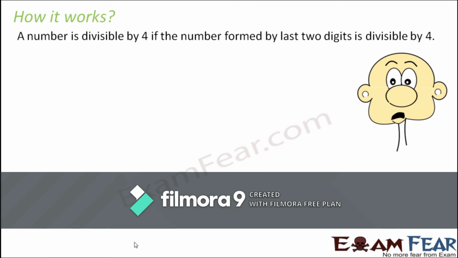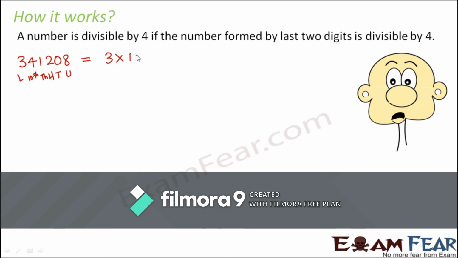So here again you might be curious to know how this rule works, that why do we need to verify the last 2 digits if they are divisible by 4. So let's take the same number, which is 341208. The first thing that we will do in this case also is we will expand the number. So this is at units place, tens, hundreds, thousands, 10,000s and lakhs.